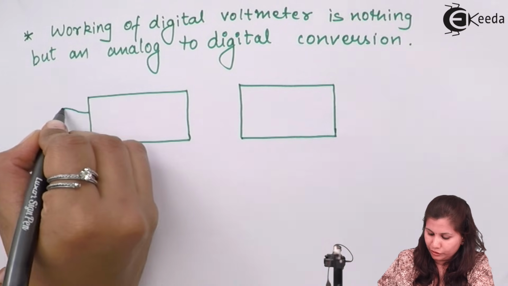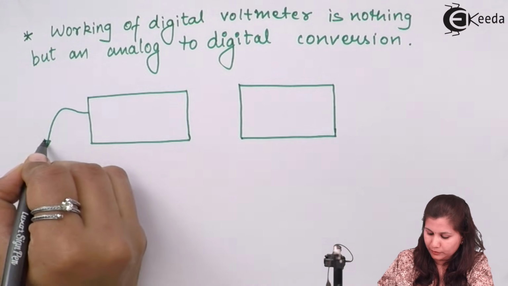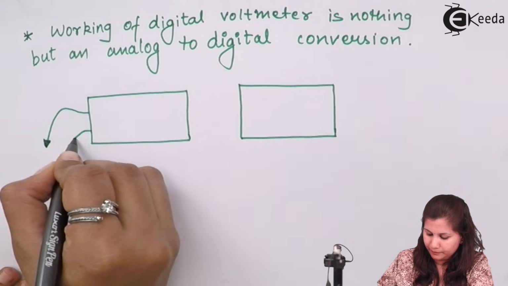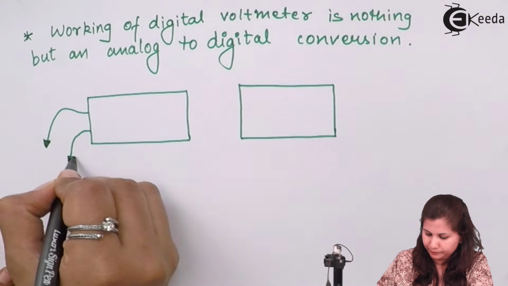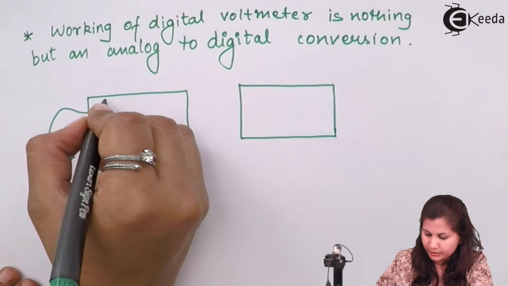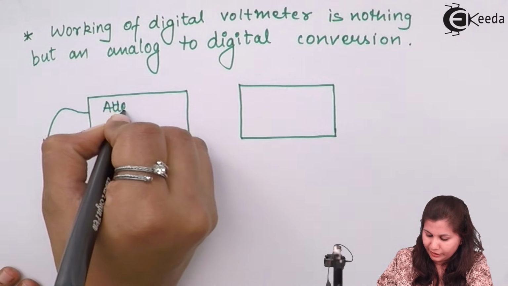Here we will have the probes. This is the attenuator and amplifier.